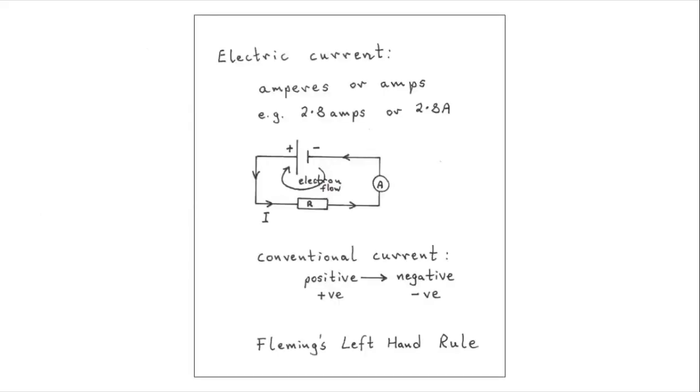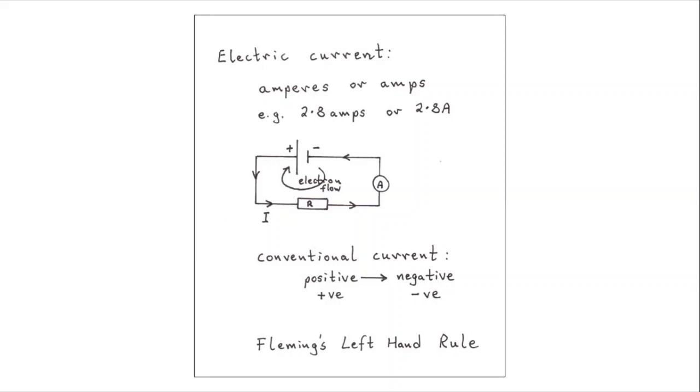Electric current is measured in amperes, or amps as we usually say. And here I've indicated that conventional current is in the opposite direction to which the electrons are flowing again. Now, in the 18th, 19th centuries, scientists guessed that something was moving in a circuit, but they got the direction wrong. In the meantime, the link between electricity and magnetism had been established, and rules like Fleming's left-hand rule were established, which worked with the direction of conventional current.